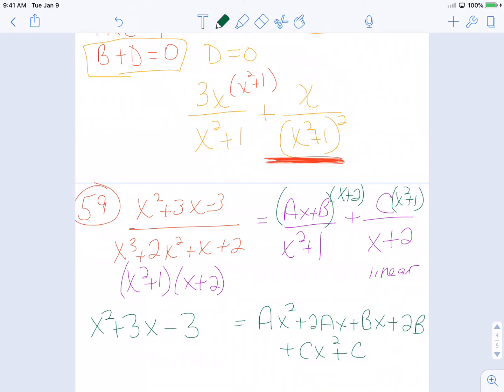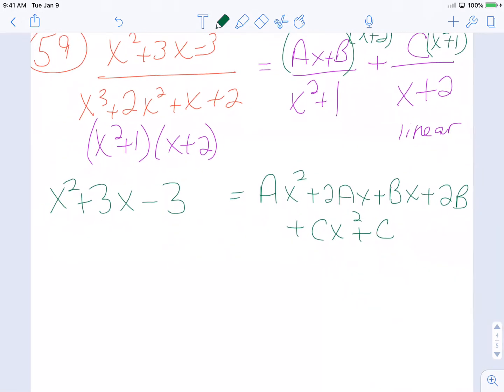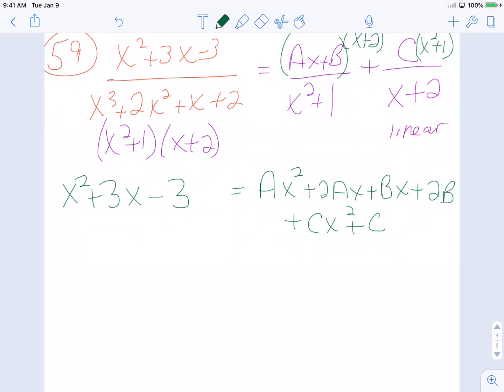Okay, so kind of separating our variables, we have an x squared that gets a and c. We have an x which goes with 2a and b, and then we just have the 2b and c by itself again.